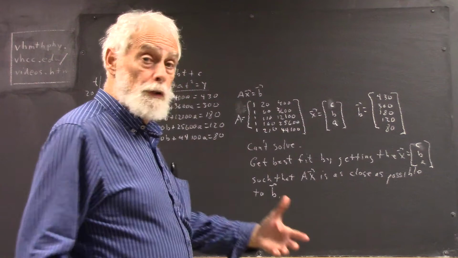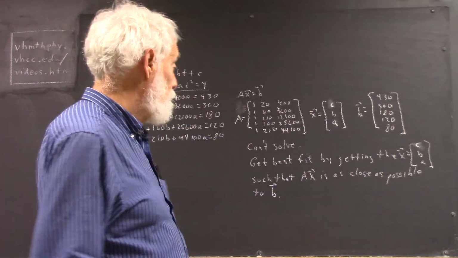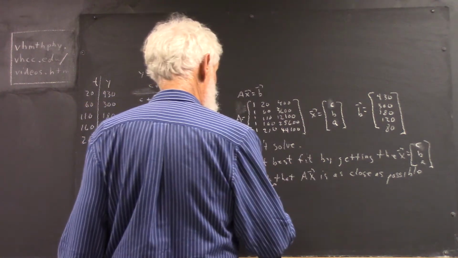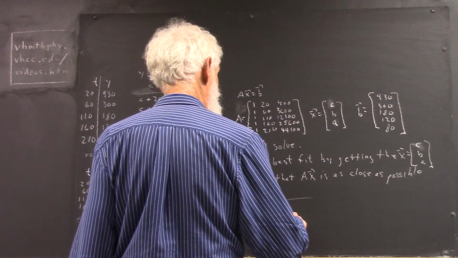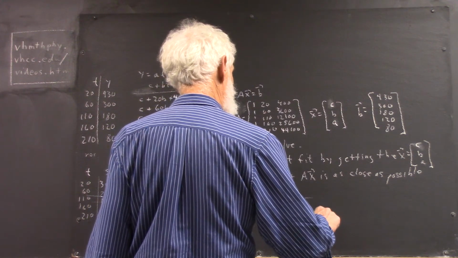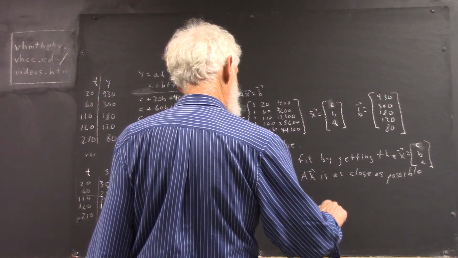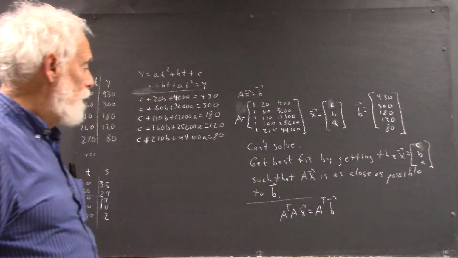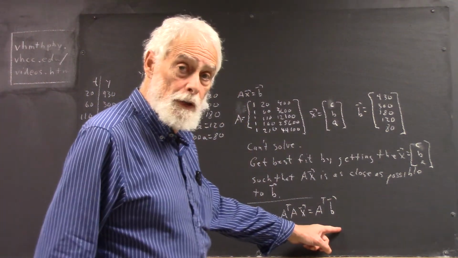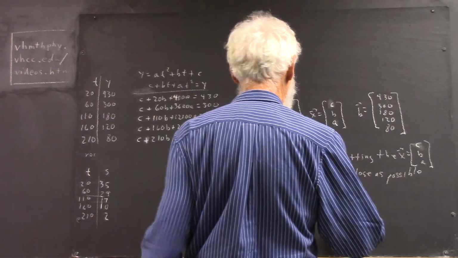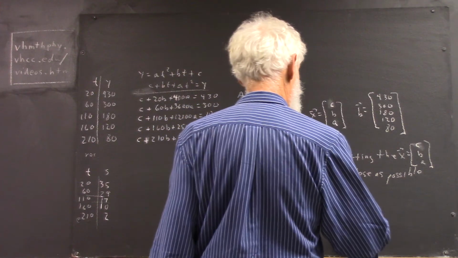And depending on your course, if you're in the 2-credit course, I'll tell you how you solve this. You just do A transpose AX equals A transpose B. This gives you 3 equations and 3 unknowns for this particular situation.